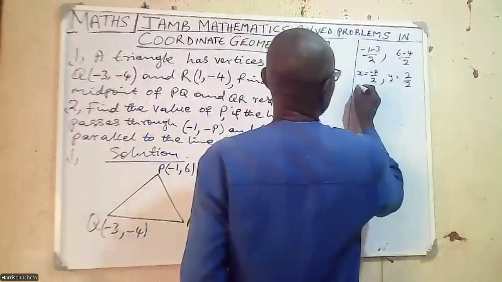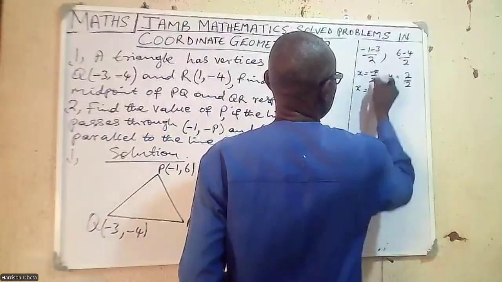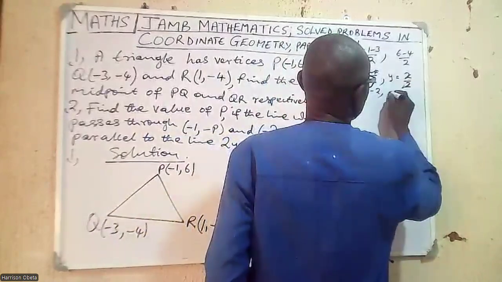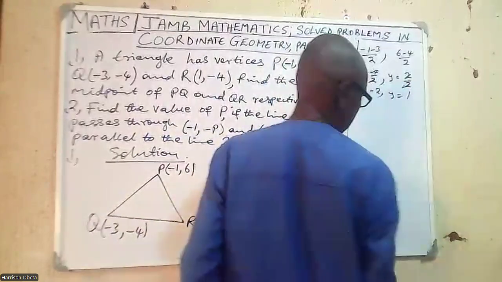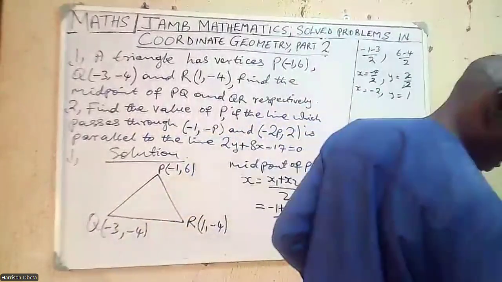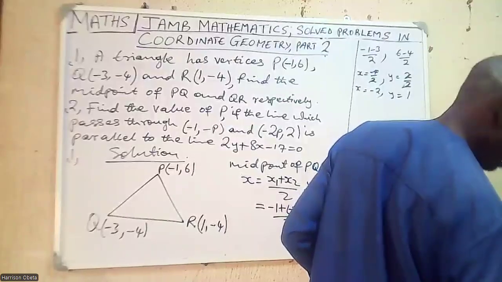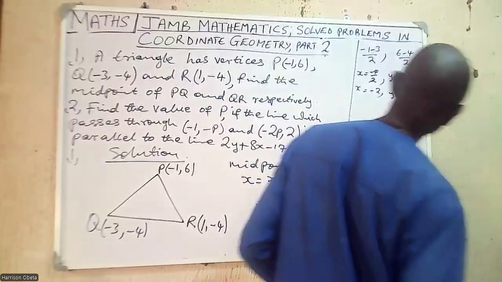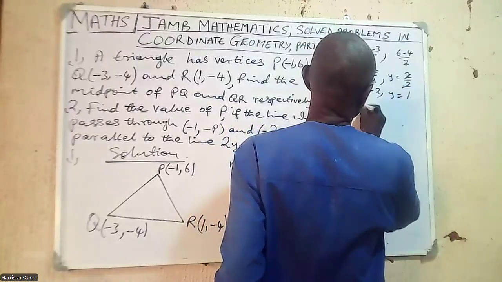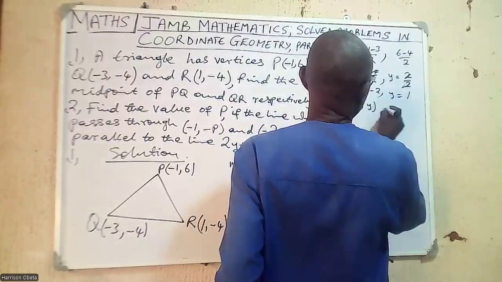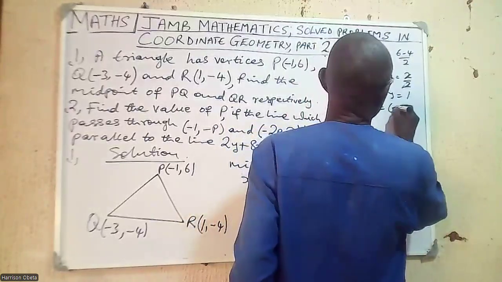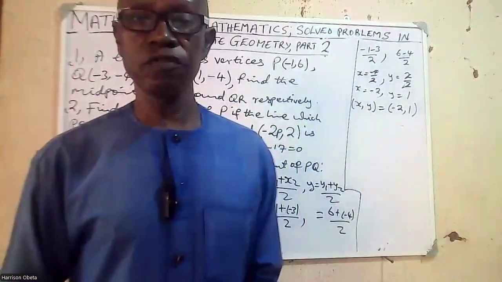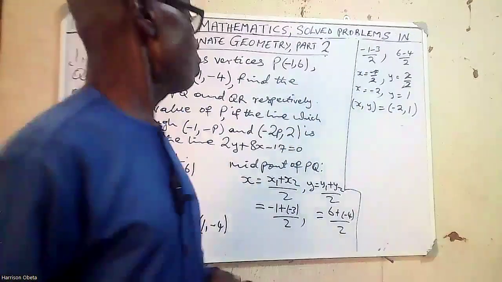That means x equal to -2, comma, y equal to 1. So x, y is -2, 1. And that is the midpoint of PQ.